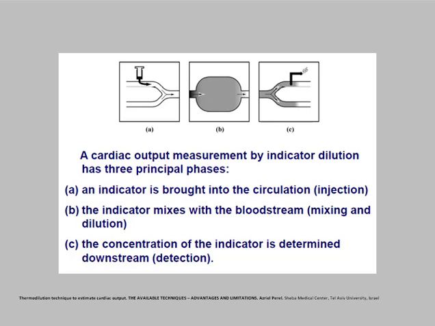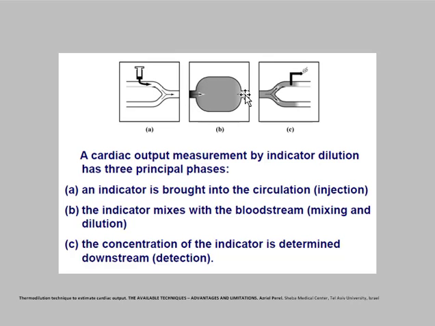Have a look at this drawing. A cardiac output measurement by indicator dilution, think thermal dilution as well, has three principal states, shown here, 1, 2, 3. An indicator is brought into the circulation, so you have to inject the indicator. It's called the injectate.